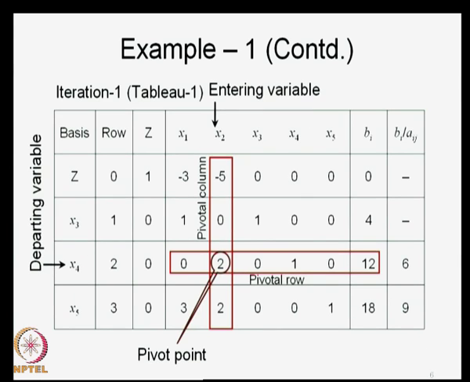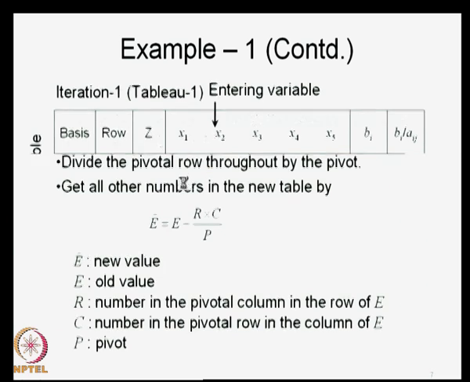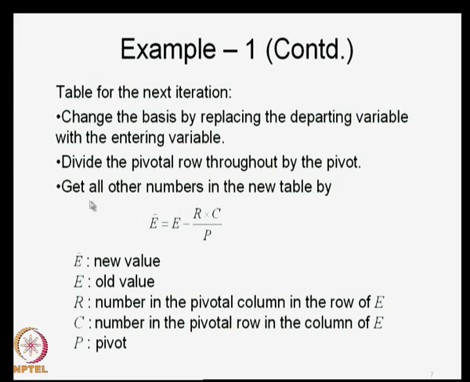Then you look at all these other elements, which have to be transformed to new elements. Now, what I am doing is the Gauss-Jordan elimination method, but I will tell you how to transform this straight away. For all other numbers, the new table is obtained like this. Say you want to transform this number; that is the old number E, and it has a column.